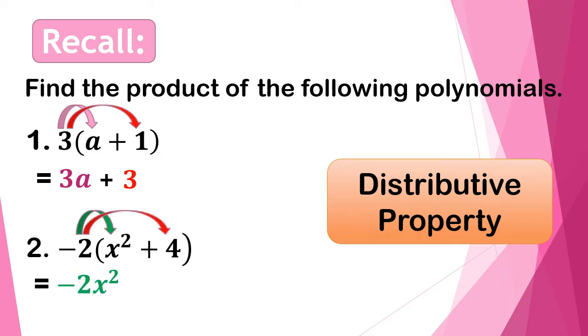Next, negative 2 times 4 is equal to negative 8. Since we multiply negative to positive, we need to use a negative sign. So, as you can see, we both used the distributive property for number 1 and number 2.